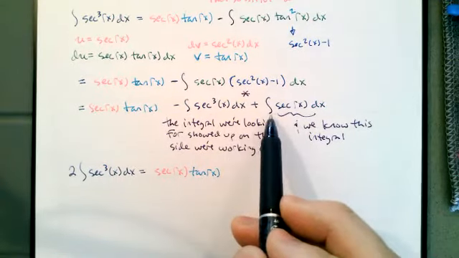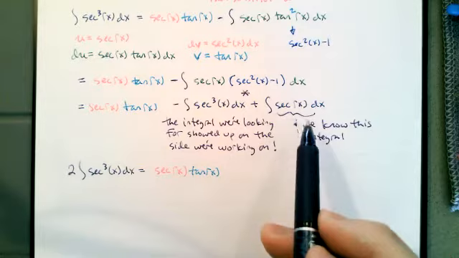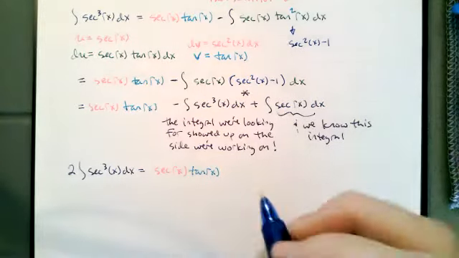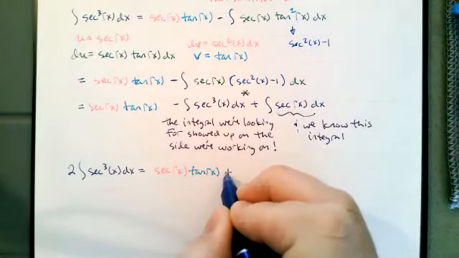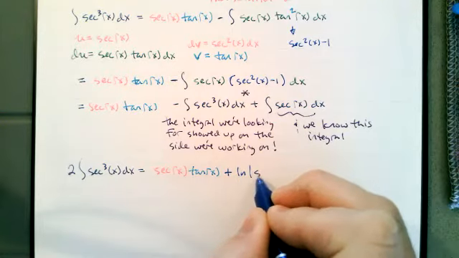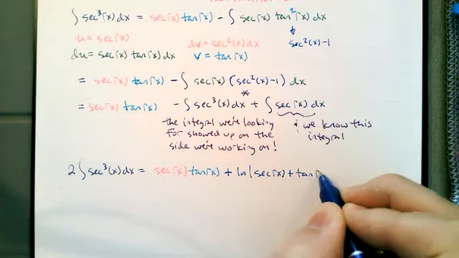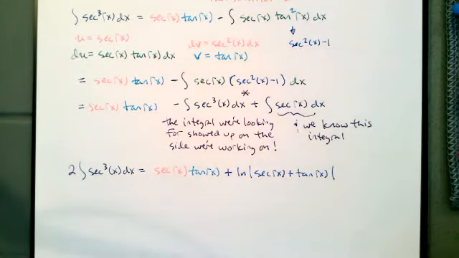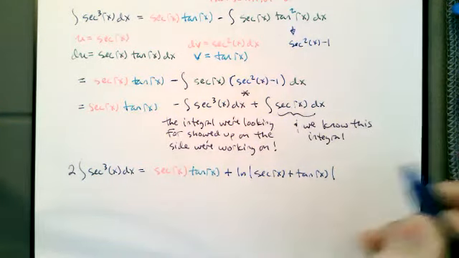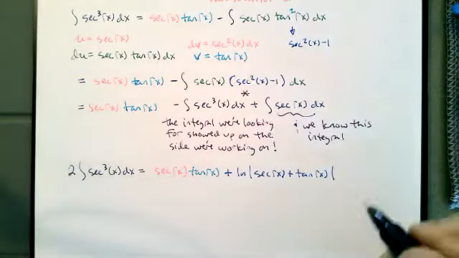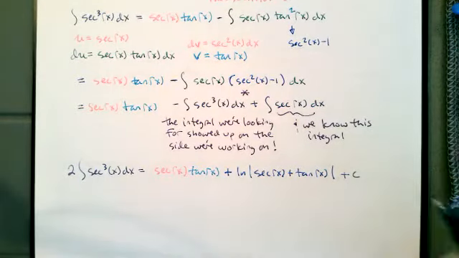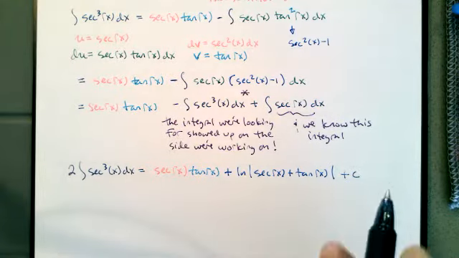And then we have this plus the integral of secant x, and we know the integral of secant x. That's the natural log of the absolute value of secant x plus tangent x. And then we have done our integration, so we have plus some constant. Then all we have to do, just like with cosine squared, is divide by 2.